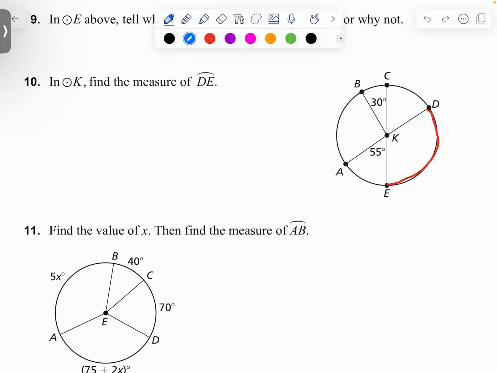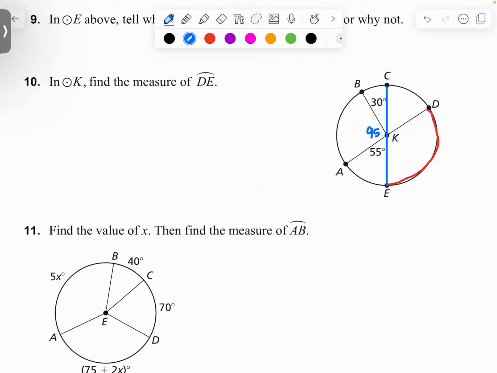Okay, what else? Ooh, CE is a diameter. So what would that be? 85? 95?